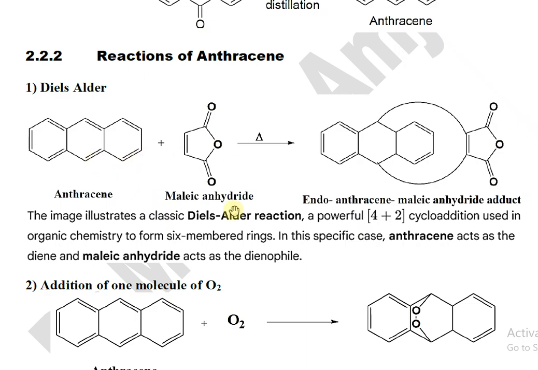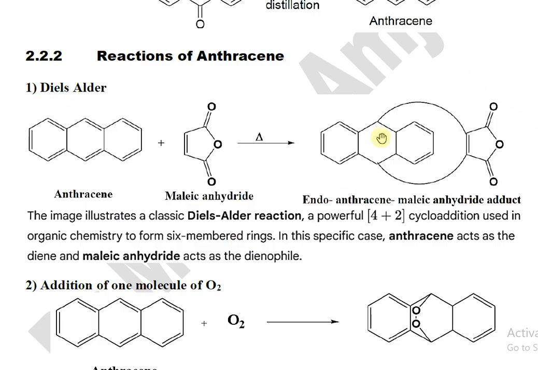So what we have here is a 4+2 cycloaddition, 1, 2, 3, 4. This 4+2 cycloaddition, as we know from organic chemistry, forms a six-membered ring.